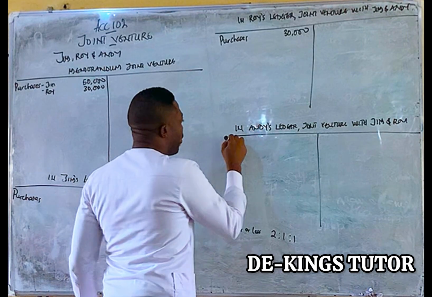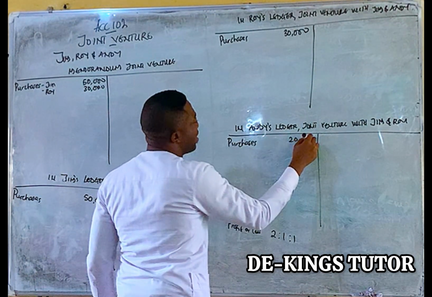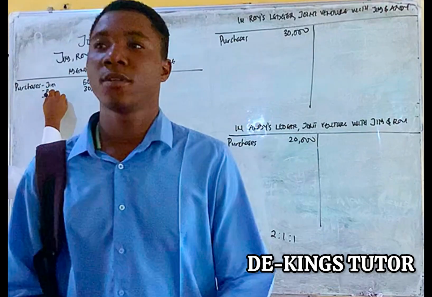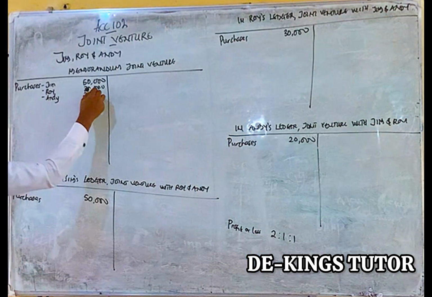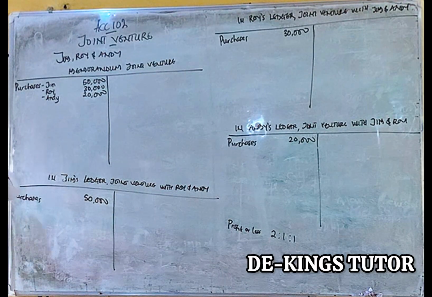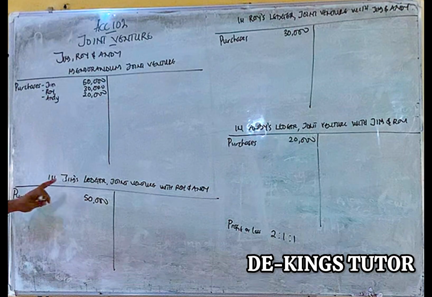Andy purchases 20,000. Andy 20,000. Did you get that? Okay. The next one. So Jim paid loading charges.